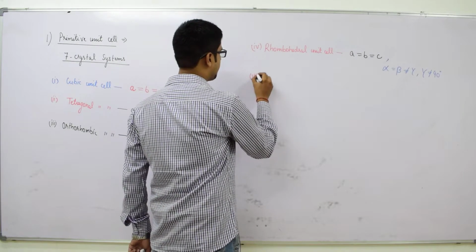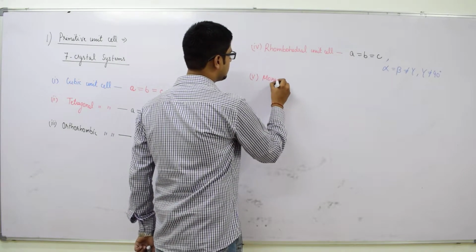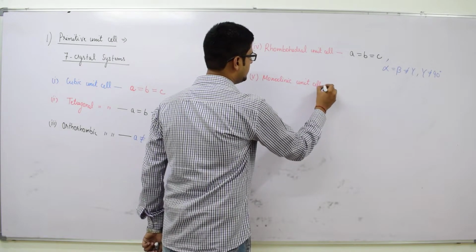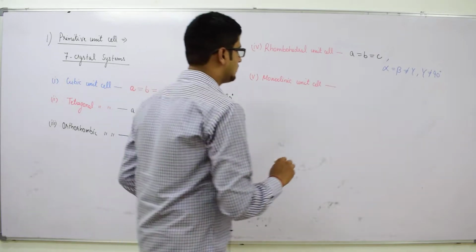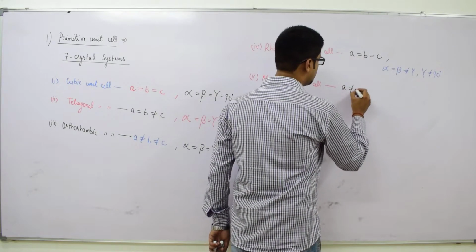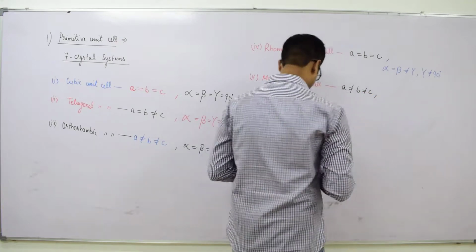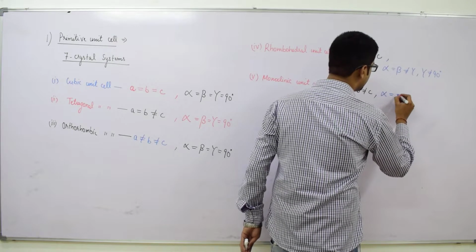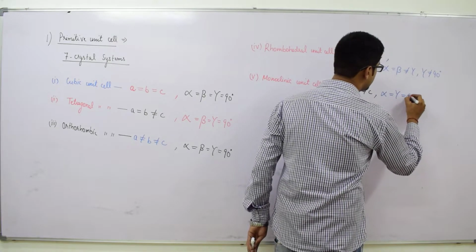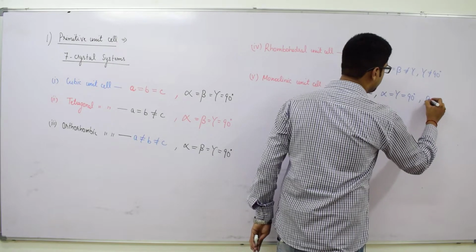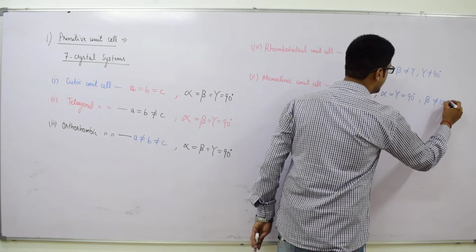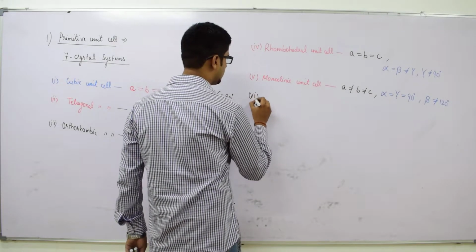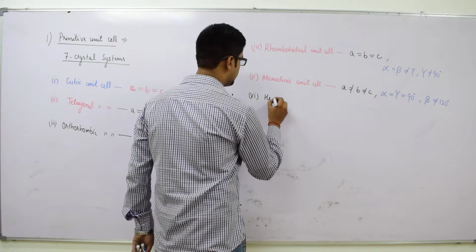Next, fifth one, monoclinic unit cell. A is not equal to B is not equal to C. Alpha is equal to gamma is equal to 90 degree. Beta is not equal to 120 degree. Next, sixth one, hexagonal unit cell.